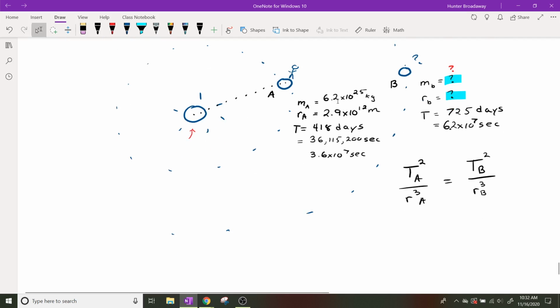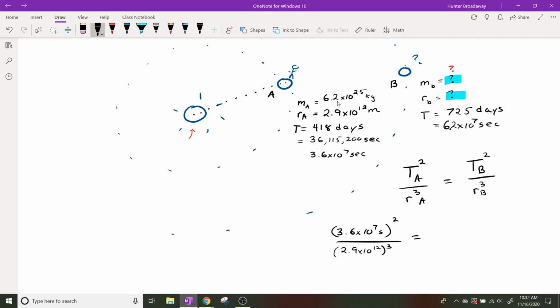All right. So from this point, it's plug and chug. I'm looking at these values, and I see that the period at A is going to be 3.6 times 10 to the 7th seconds squared divided by the radius, which is 2.9 times 10 to the 12th cubed.